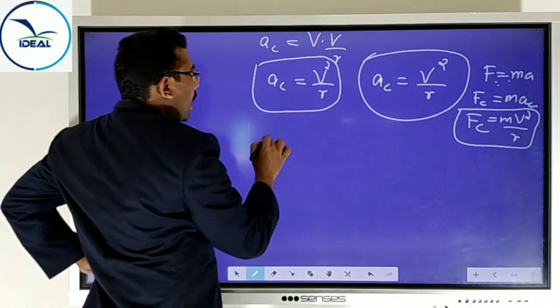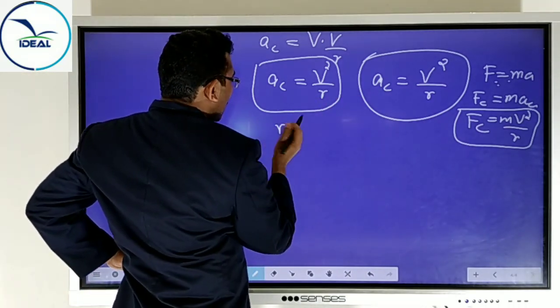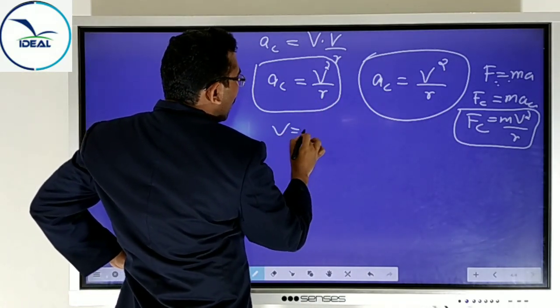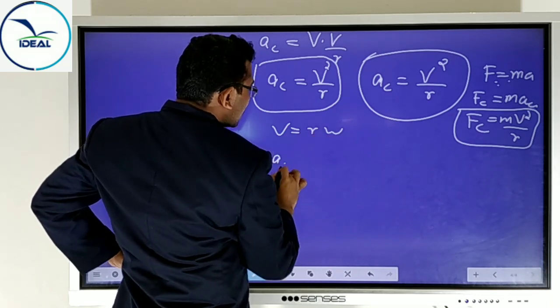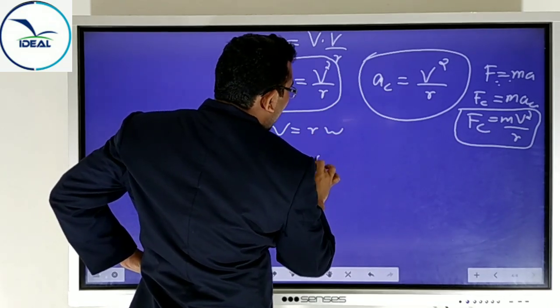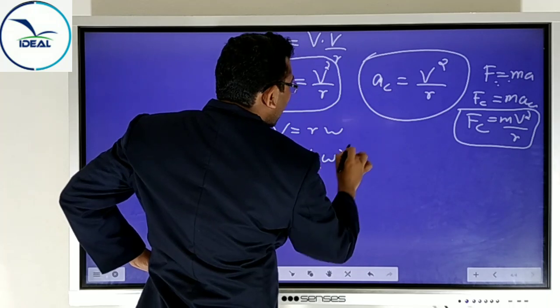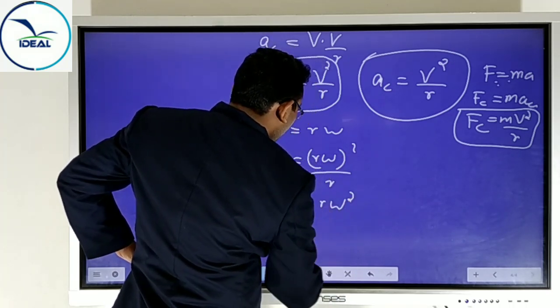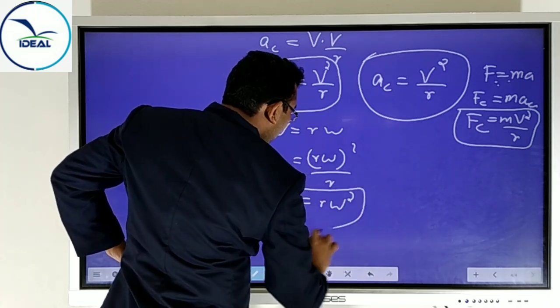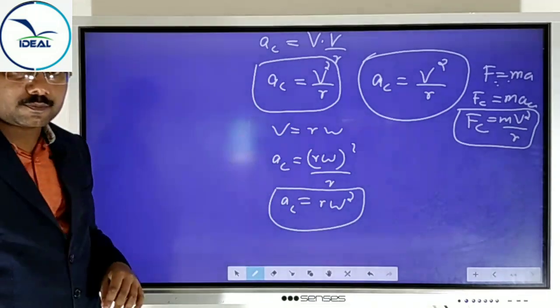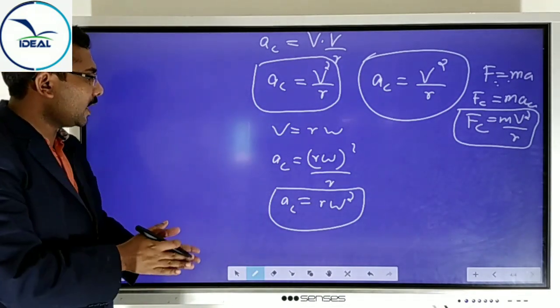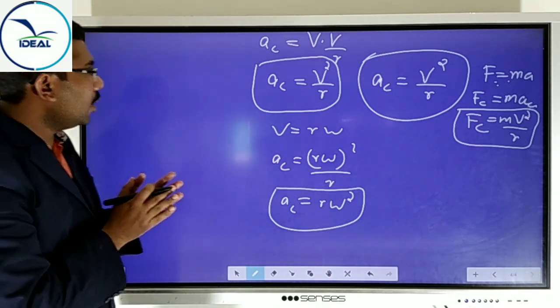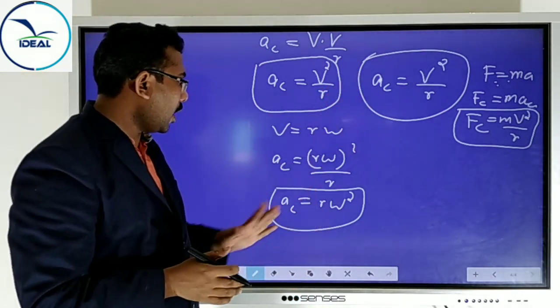Also, we know v is equal to r omega. Therefore AC can also be written as r omega all square by r, that is equal to r omega square. One more equation: AC equal to v square by r or r omega square.